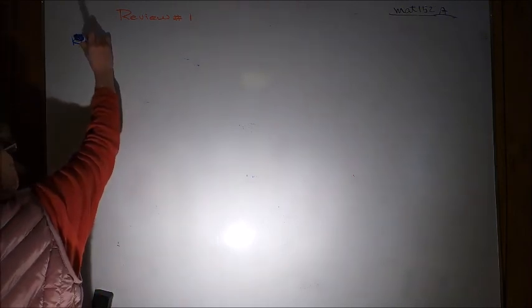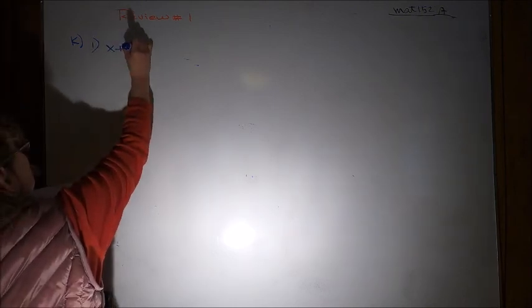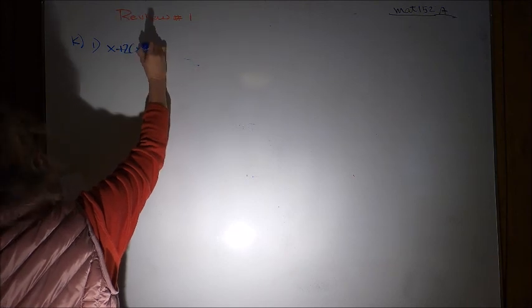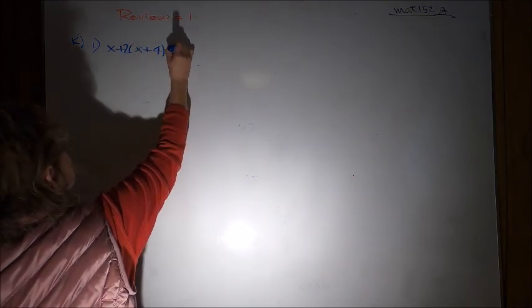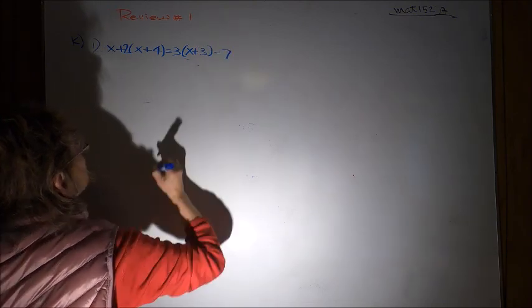Okay, so let's look at your next question on your page 3, number 1. That would be x plus 2 times (x plus 4) equals 3 times (x plus 3) minus 7.